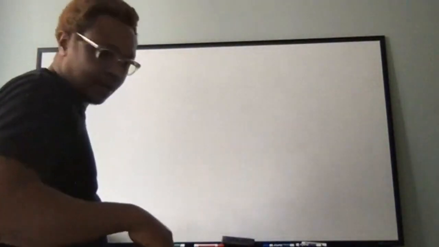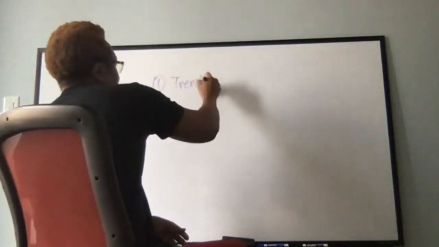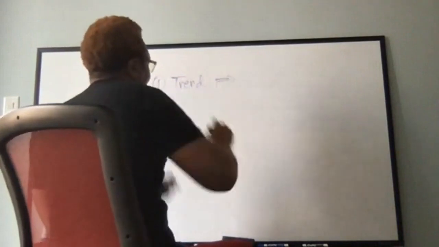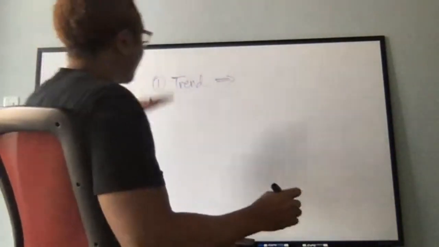Okay, all right. So let's talk about this time series again. In terms of components, the first one we have, of course, is trend, and that's dealing with just a basic upward or downward pattern.